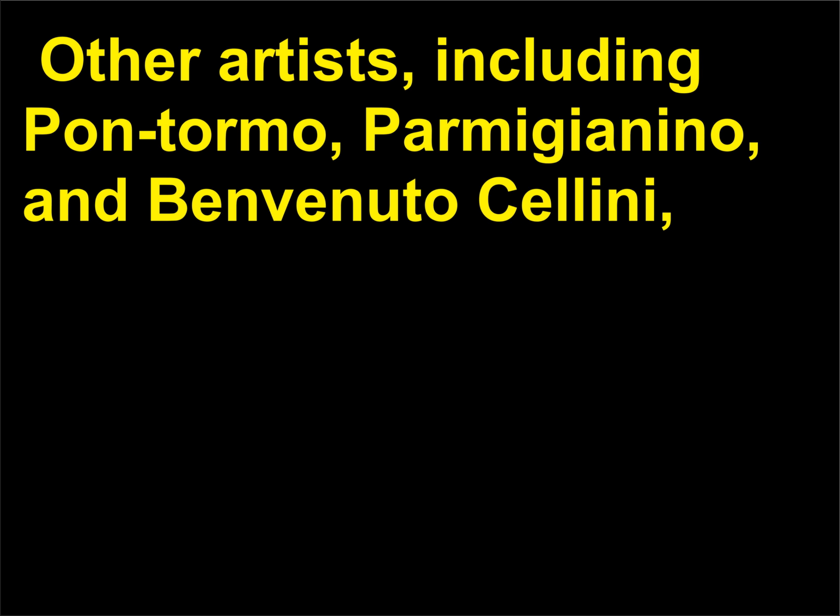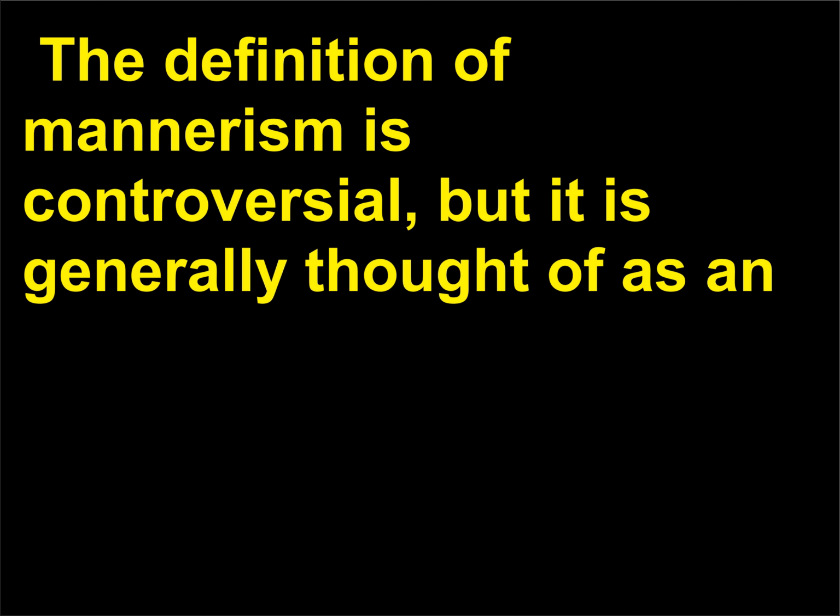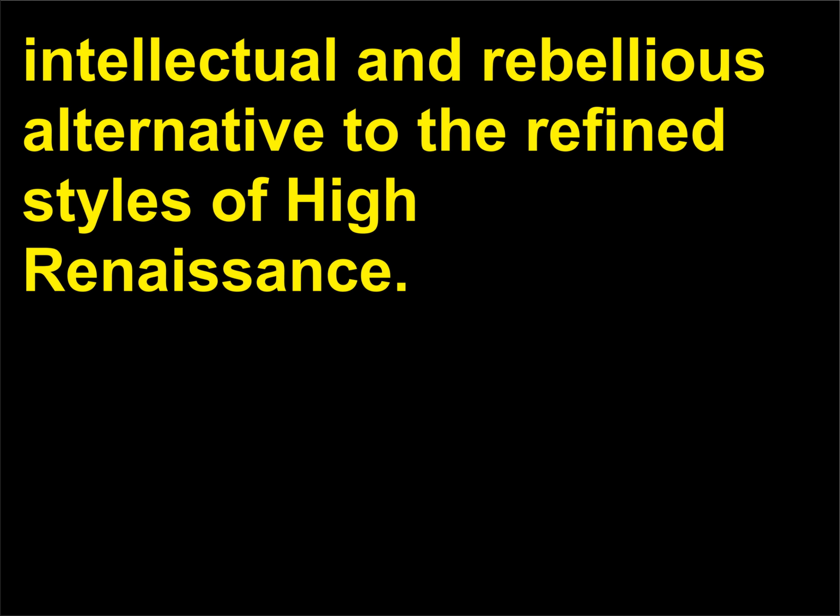Other artists, including Pontormo, Parmigianino, and Benvenuto Cellini, favored what is known as the Mannerist style in Italy. The definition of mannerism is controversial, but it is generally thought of as an intellectual and rebellious alternative to the refined styles of the High Renaissance.